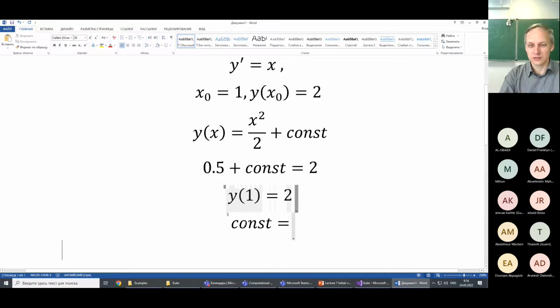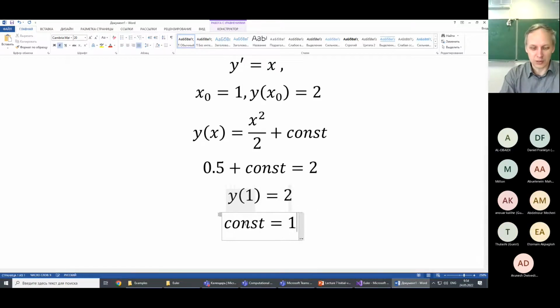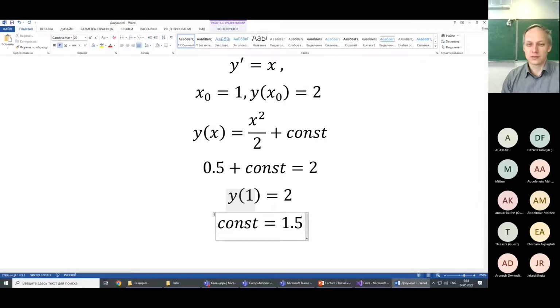Yes. The value of the constant here equals 1.5. 0.5 plus 1.5 equals 2. So the value of the constant equals 1.5.